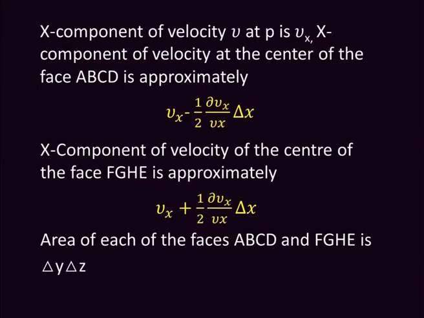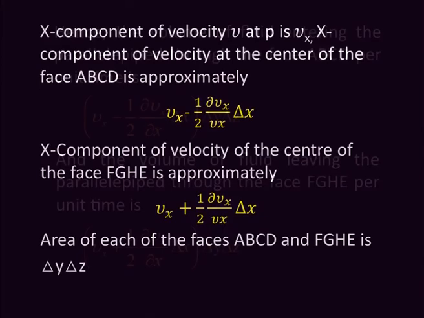Therefore, the area of each of the faces ABCD and FGHE is δy δz.